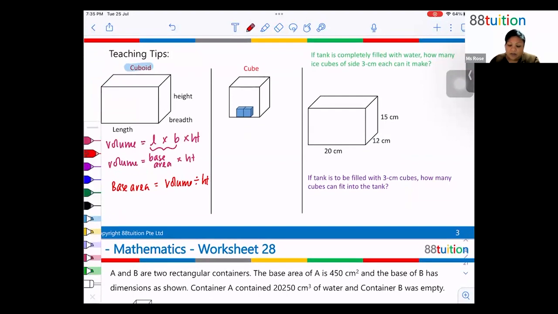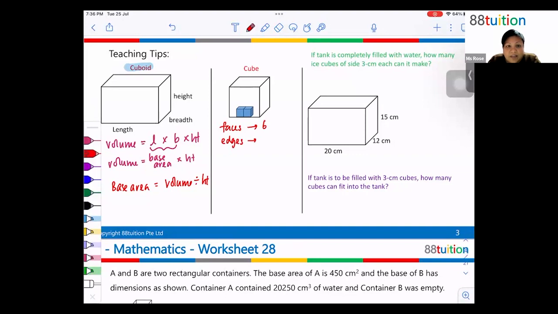Okay, so now we have a cube. How many faces does a cube have? Just like a cuboid, how many faces does a cuboid have? Thank you, Yashika. So 6 faces. How many edges does a cube have? How many equal edges?